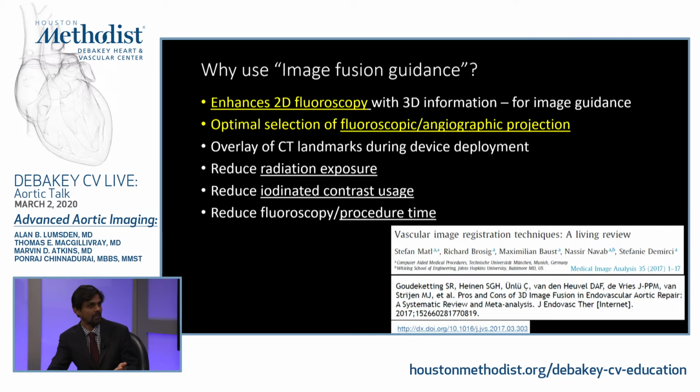For example, if it's a type A dissection where you see the information in TEE, because we can see the geometry of the TEE probe, that information from echo can be brought to fluoroscopy when you're deploying the device. For example, if you mapped your entry tear in echo, then you can use that as a guidance in your fluoroscopy space when you're deploying the device. So this really serves, as I said, as the framework for getting all the imaging data that we have from the diagnostic imaging to your intraoperative usage.